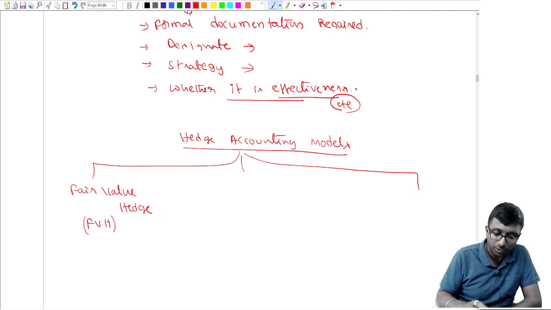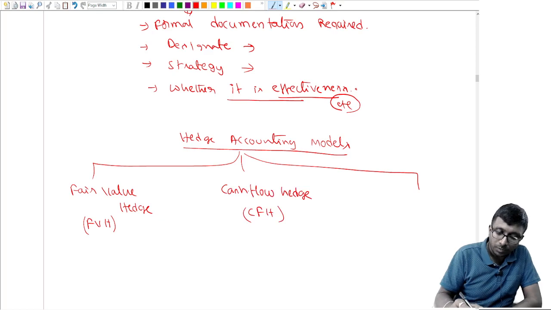Next is cash flow hedge, CFH. Next is net investment hedge. This we'll discuss obviously as the third point, so it will be a little later.